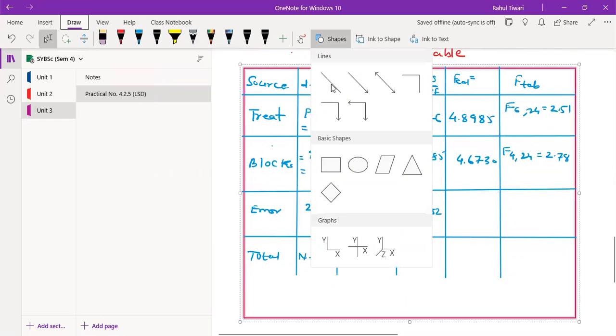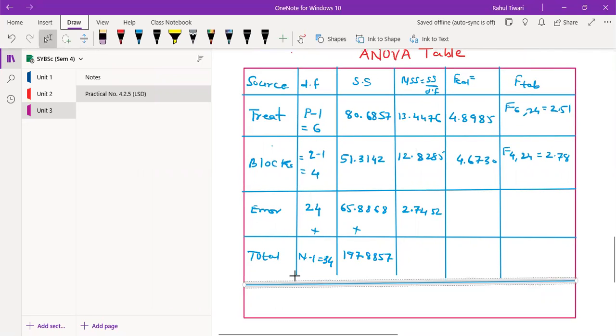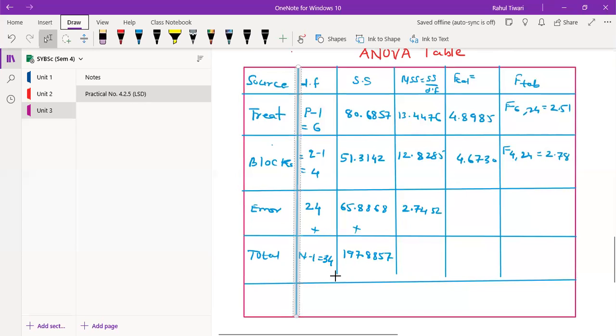We need to add one more row here, which is the total. So you can create a table like this. It's a very big table, so make sure that all the treatments are there.